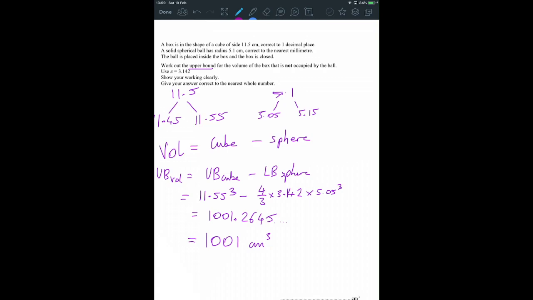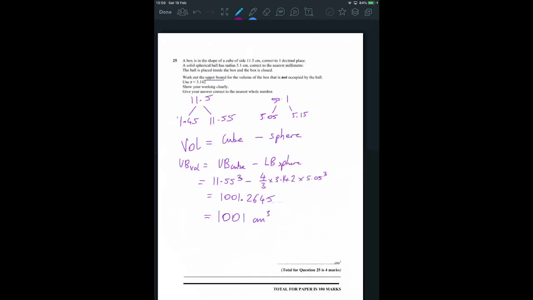And if I do 11.5 cubed to work out what the box's volume is, well, that's 1,500. So having 1,000 space left over does seem quite high, but then it is an upper bound that we're caring about here. So it doesn't seem completely out of the realms of possibility.